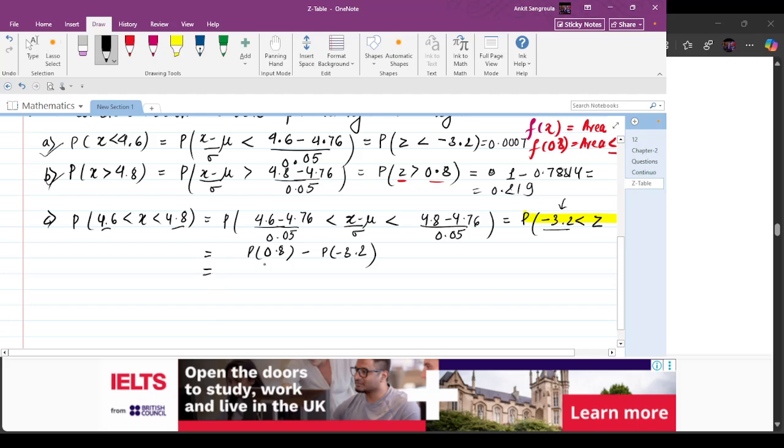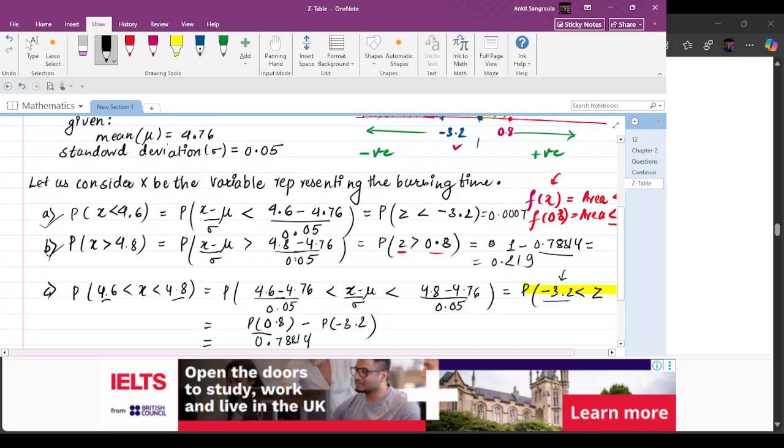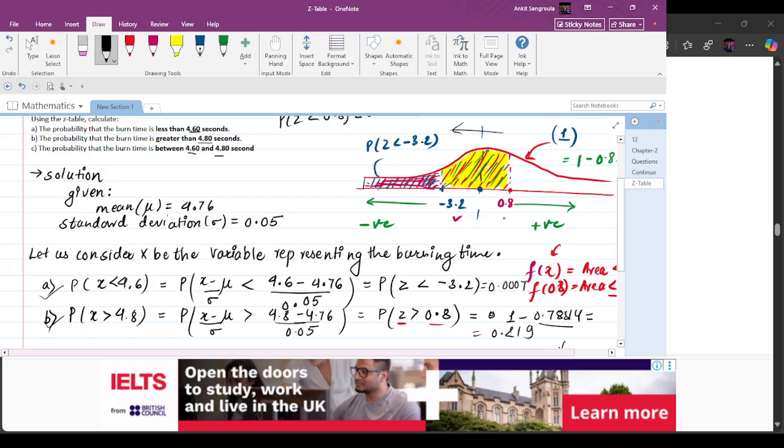Now we had reached the conclusion where we wanted to find P(-3.2 < Z < 0.8). Now 0.8 is this value, 0.78814. Remember that I said when we write P(0.8), it's always the less than graph.